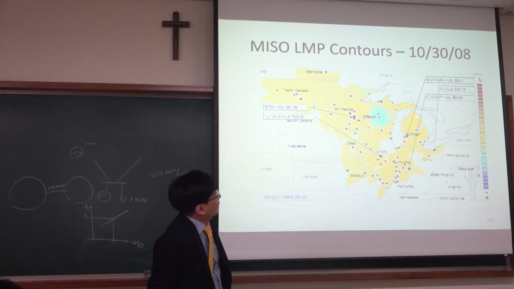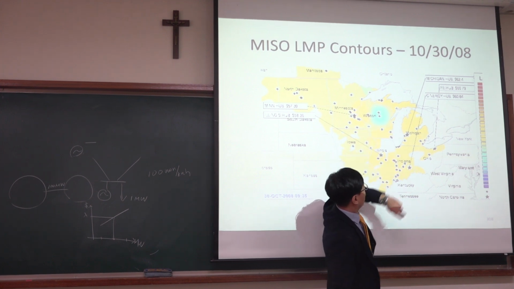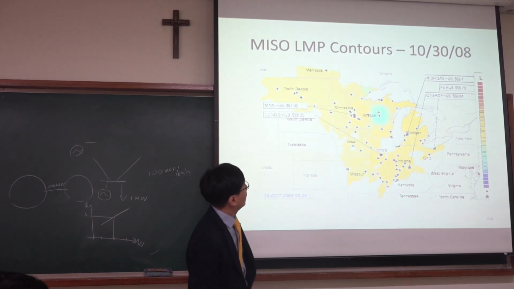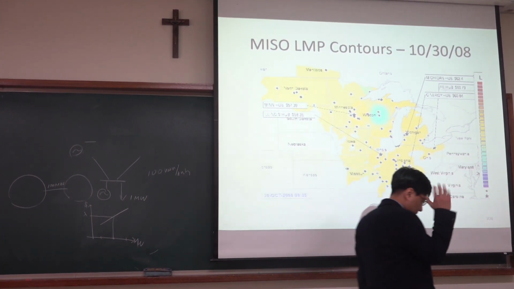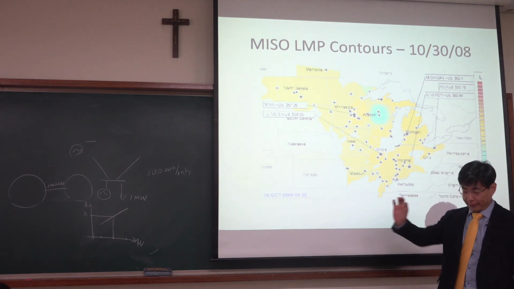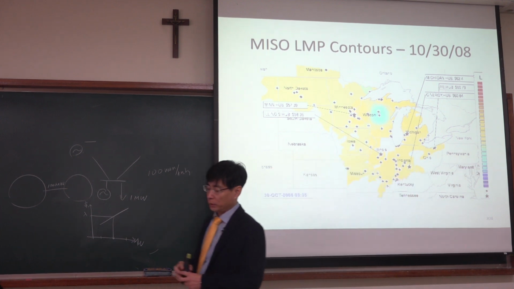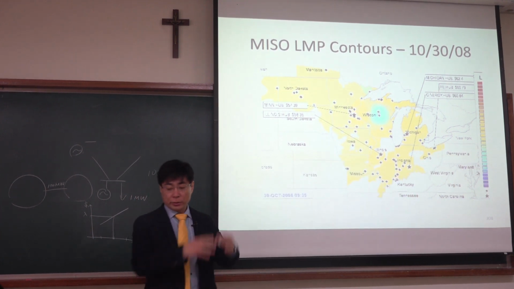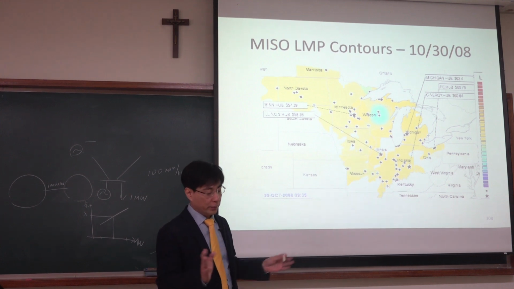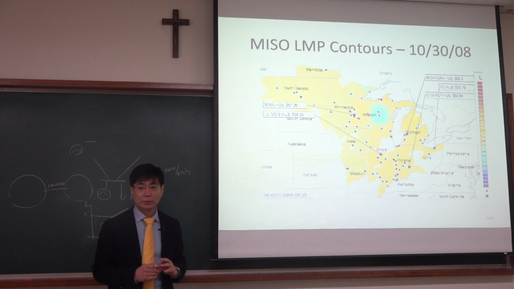MISO LMP contour. So it is cheaper than other areas. By the way, at Smart Grid Com in Glasgow, one professor came from the University of Waterloo, and he introduced the power systems of Ontario, and their generation is hugely based on hydro.